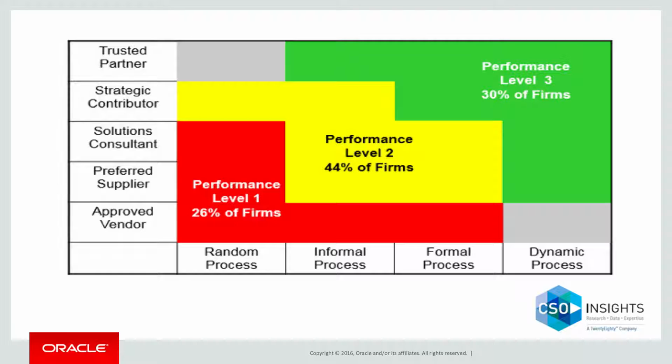So what I was saying a moment ago is when we talk to sales execs and sales ops, they sort of see themselves down here in the lower left, maybe between the level 1 and level 2 interface, and needing to get further over and up, the upper right-hand quadrant, more the level 2 to level 3 interface, or maybe even fully into performance level 3.